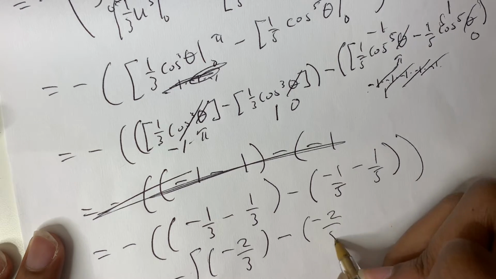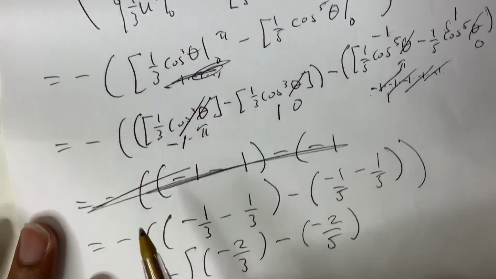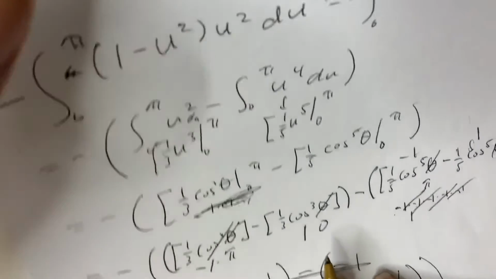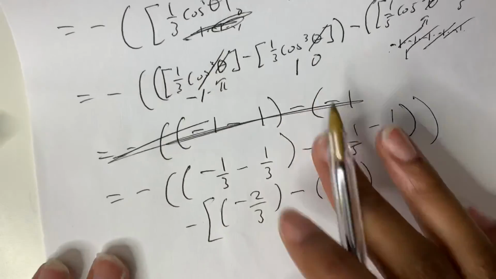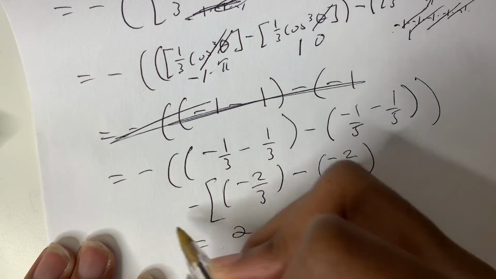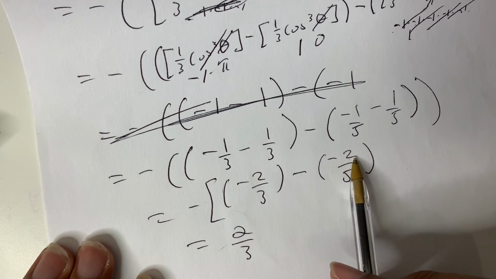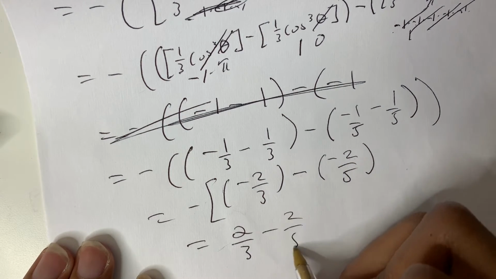We can finally plug in this minus that we had from the start. So this is going to change your sign here, making this 2 over 3 plus minus 2 over 5, or just minus 2 over 5.